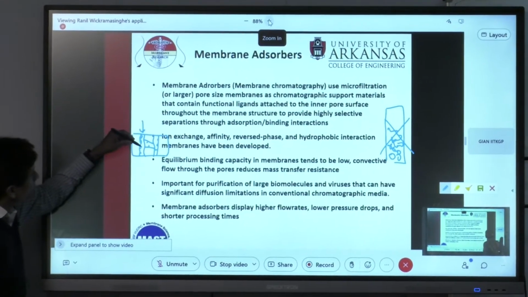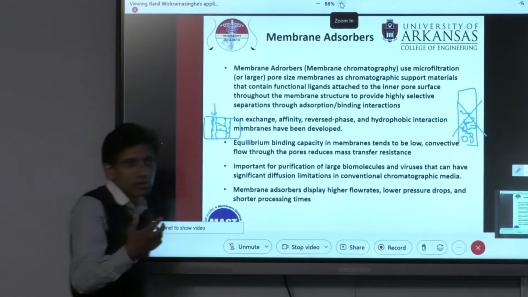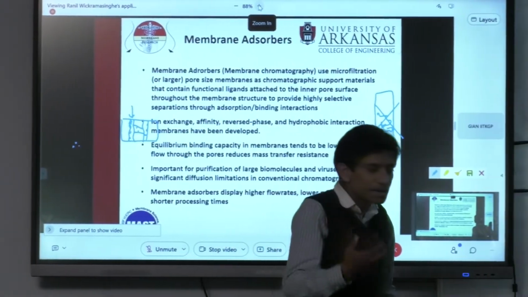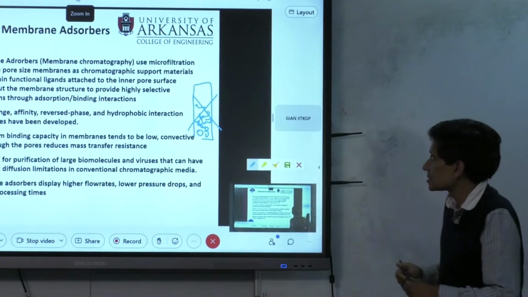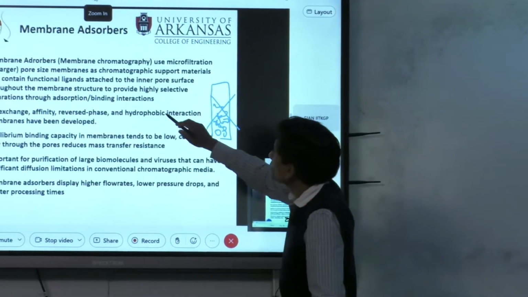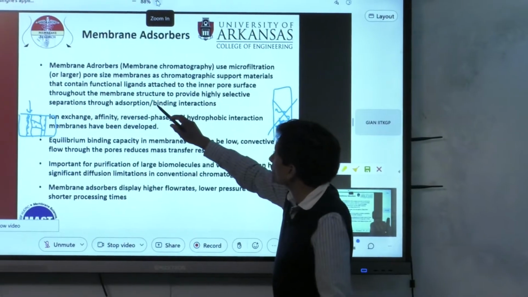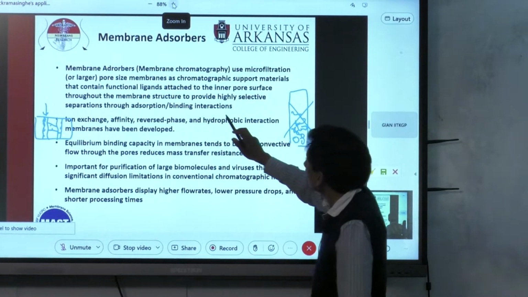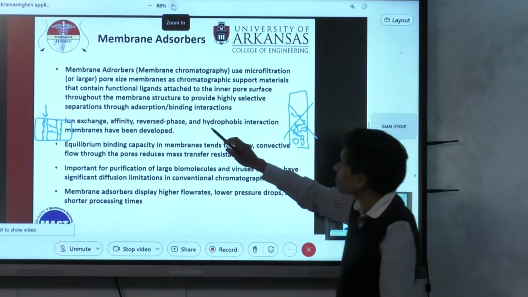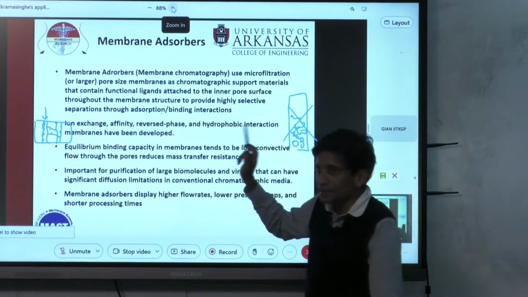As the feed goes through here, we can adsorb species that we want to either bind or remove. And we can elute and do various things. So the idea is that you use membranes as chromatographic support materials that contain functional ligands attached to the inner pore surface throughout the membrane structure to provide a highly selective separation through adsorption binding interactions.